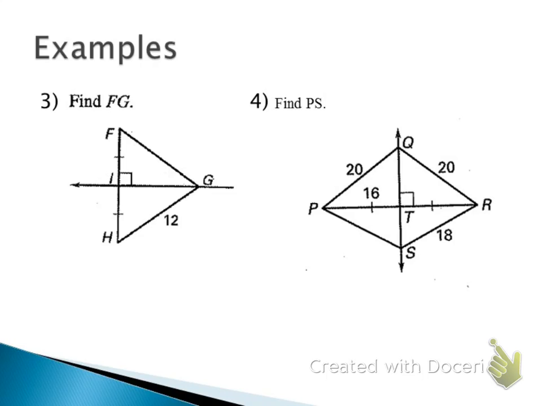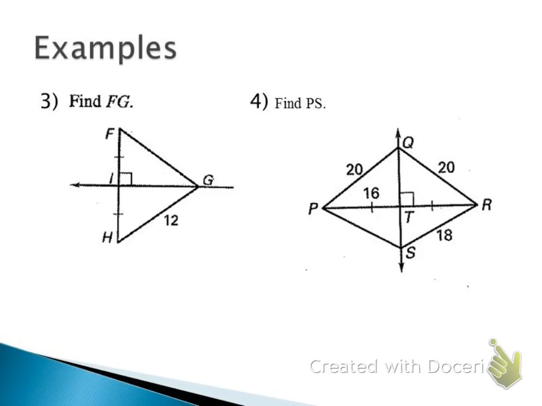All right, these are both similar types of problems in the way you find the answer. The setup's a little different, though. These are perpendicular bisectors now. So go ahead and sketch these in your notebooks. We'll go over them shortly. But in number 3, you're looking for FG, so this guy right here. Number 4, you're looking for PS.